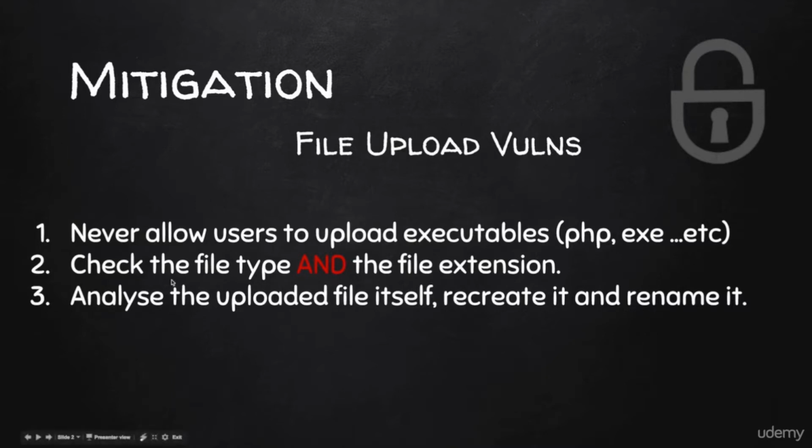And once you do these two checks, make sure that you recreate the uploaded file. So you check that the file is an image and you check that the extension is an image extension. Then analyze the file using some sort of a library. Depending on the programming language you're using on your server, make sure that you pass this file to a library, analyze its content and recreate the file to suit your website.